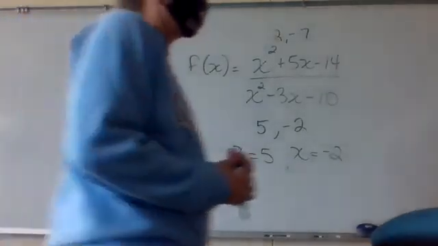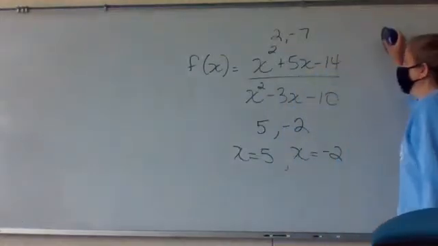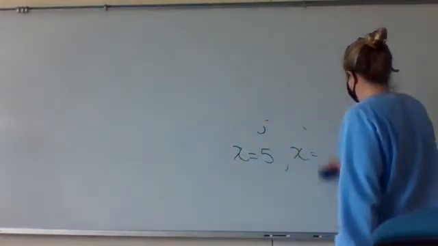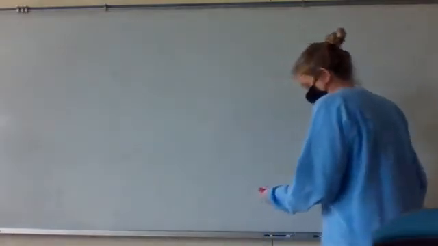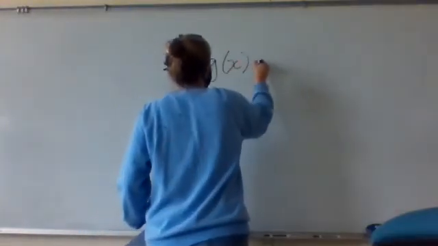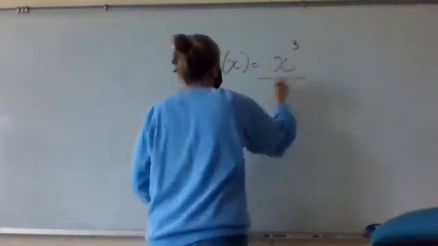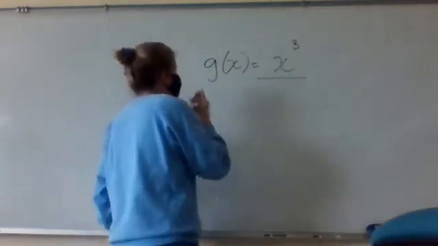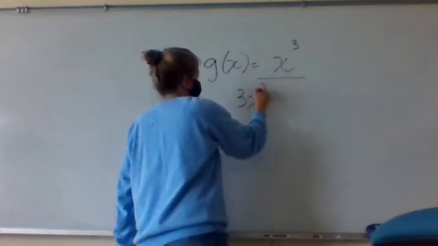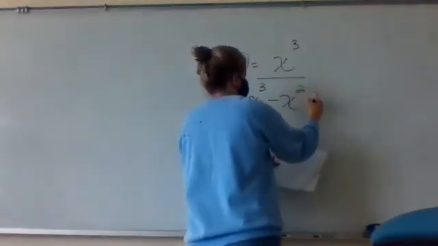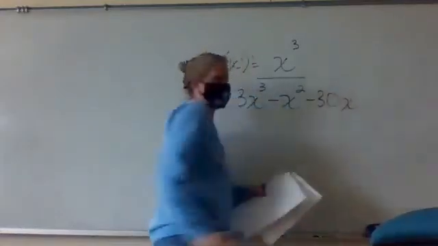And number 10, this is the last vertical asymptote problem. We have g of x equals x to the third over 3x to the third minus x squared minus 30x.